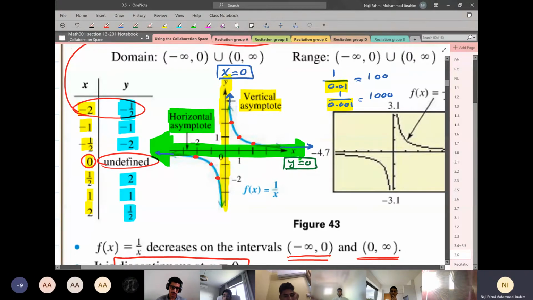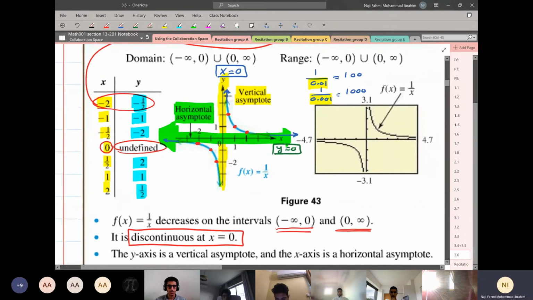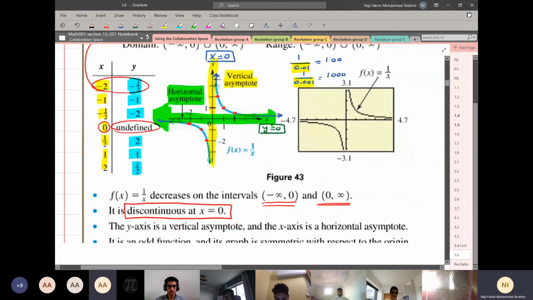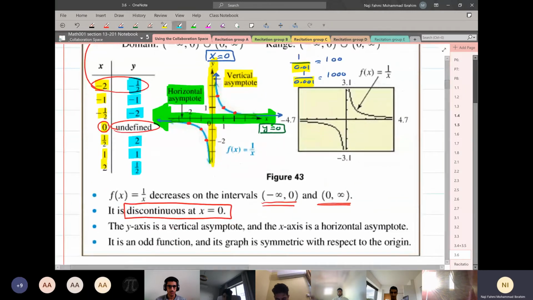And if you remember, the meaning of symmetric about the origin is what? If we rotate the graph 180 degrees, rotate, what does it mean in Arabic? دوران. If we rotate the graph 180 degrees about the origin, it will give us back the original graph. So this graph is symmetric about what? About the origin.